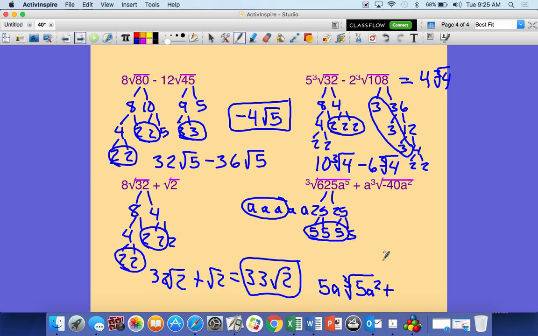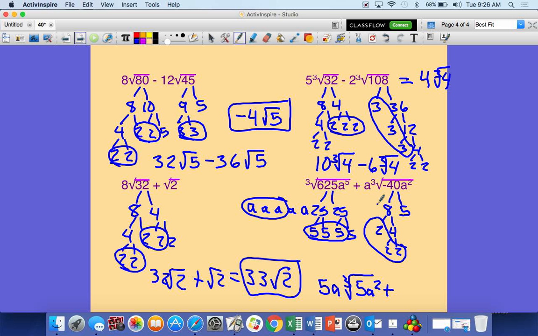Plus, then this one. Alright, we'll leave the negative alone for now. But this 40. 40 is 8 and 5. 8 is 2 and 4. And 2 and 2. Now, we do see that we've got 3 2s here. Couldn't we also, now, say we go back and deal with that negative sign.